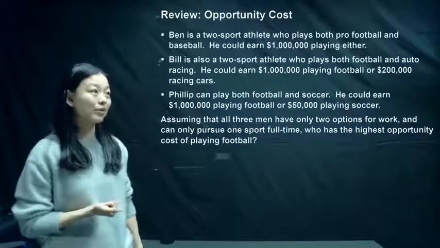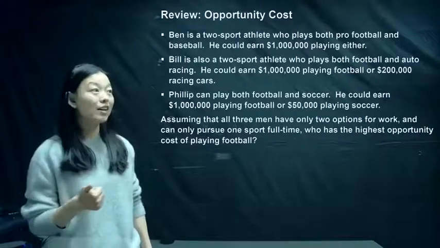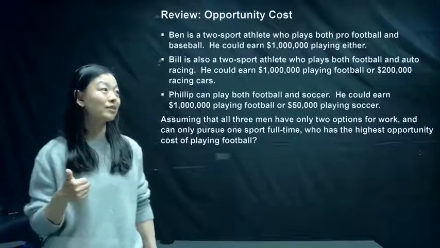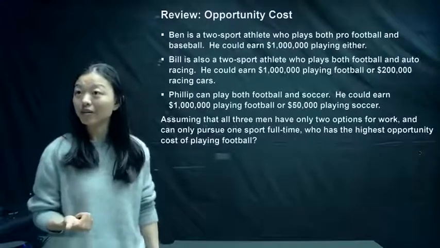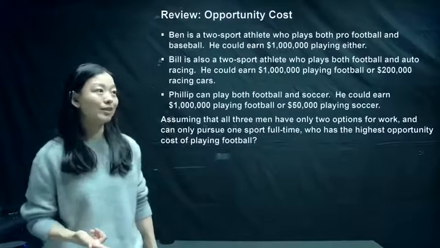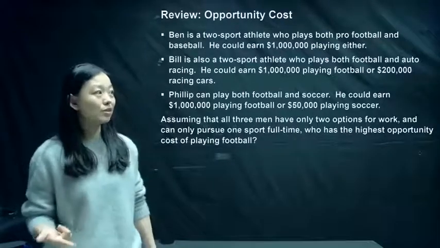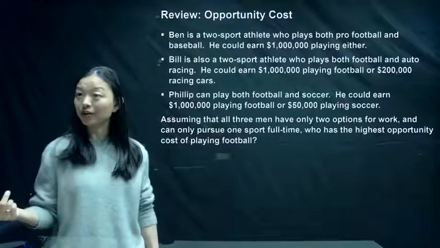Based on this scenario, if Ben chooses to play football, he needs to give up playing baseball, right? Which means he needs to give up $1 million playing baseball. How about Bill? Bill needs to give up $200,000 playing racing car if he decides to choose playing football, right?